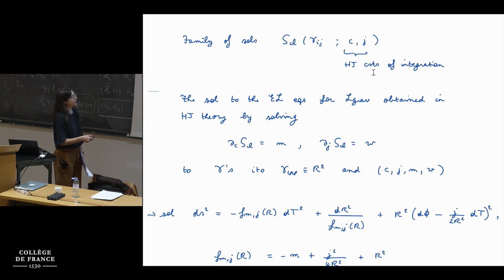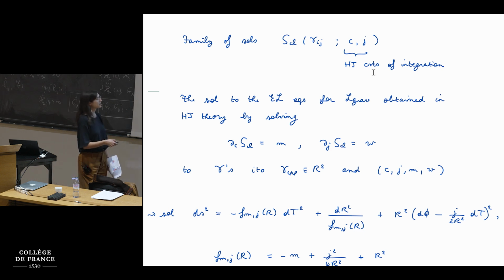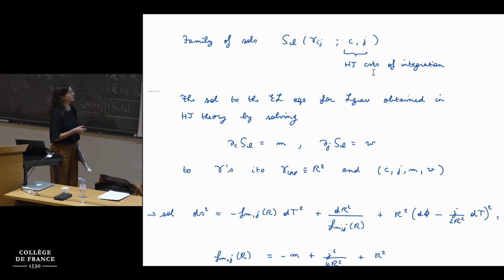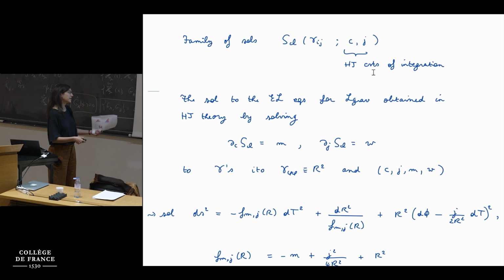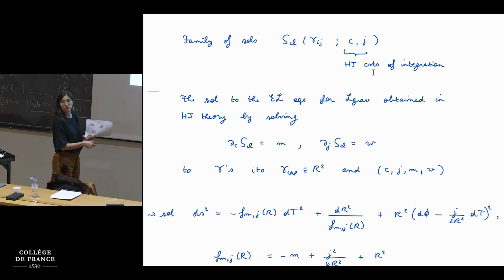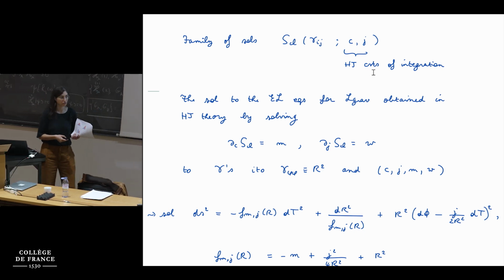And if you do that, then knowing this solution, you can plug everything back in the ADM ansatz upstairs and find this standard form of the BTZ solution indeed. Where this f is our redshift factor given here in terms of our HJ constants, and so it's clear that the Hamilton-Jacobi constants are indeed the mass and the rotation of your black hole.